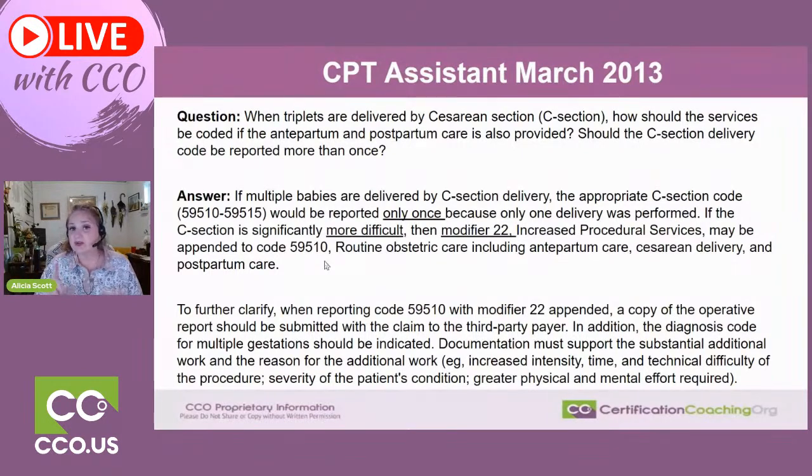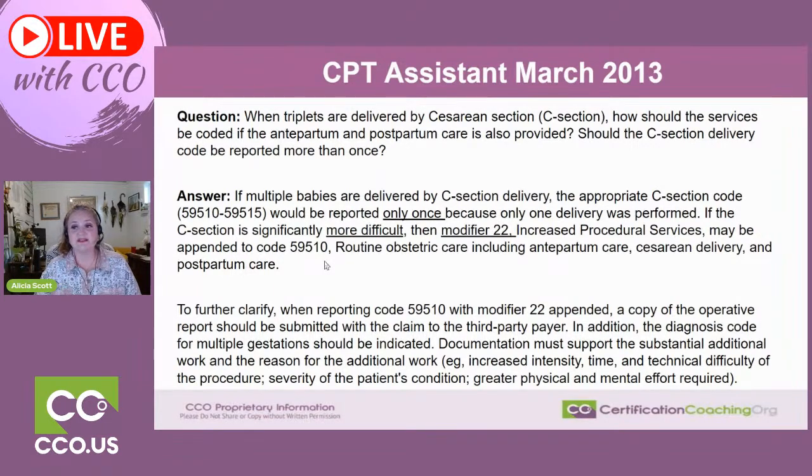So that could happen. It very likely would happen. However, if you go using these modifiers, especially ones that state, hey, I did more work, you have to prove that it was more work. And therefore, that means you're sending in additional documentation. So they address that.